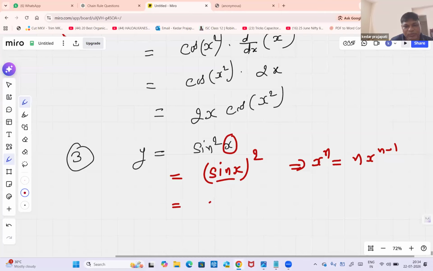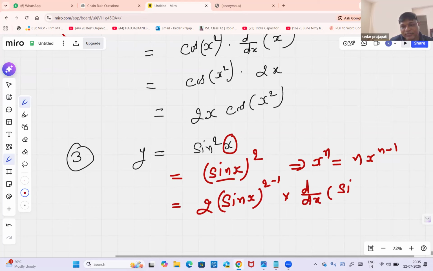So this will become 2 sine x to the power 2 minus 1 into d by dx of sine x. Clear?